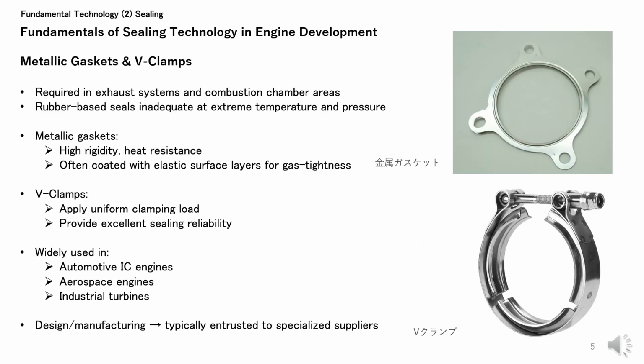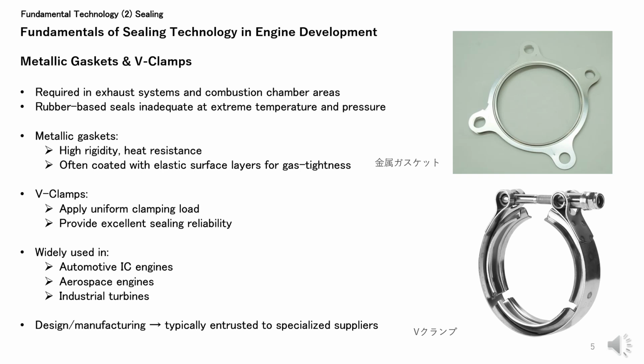Metallic gaskets and V-clamps. In exhaust systems and combustion chamber areas, metallic gaskets and V-clamp seals are commonly used. Rubber-based seals cannot withstand the extreme temperature and pressure conditions in these regions. Metallic gaskets provide rigidity and heat resistance, often featuring surface elastic coatings so that gas tightness can be improved.